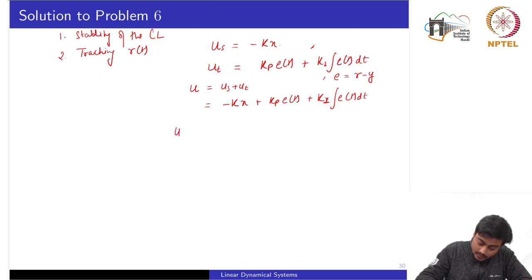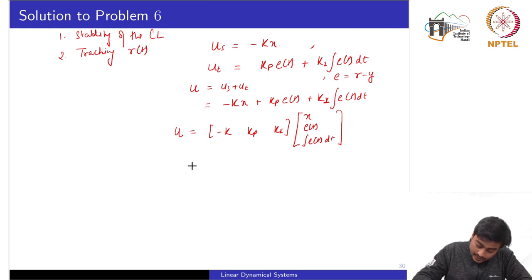So let's see, I can express my u also as minus [k, kp, ki], where this vector would be [x, e of t, the integral of e of t dt], which again can be expressed as some k tilde and x tilde. Okay, so my overall controller is now given where my output of the controller remains the same as u, which is equivalent to k tilde and x tilde, and it is nothing but the state feedback.